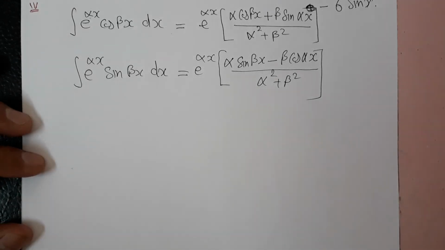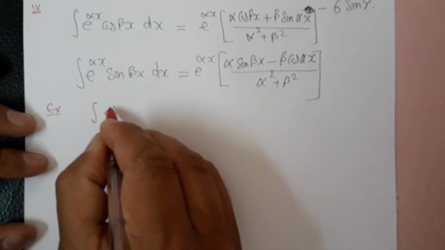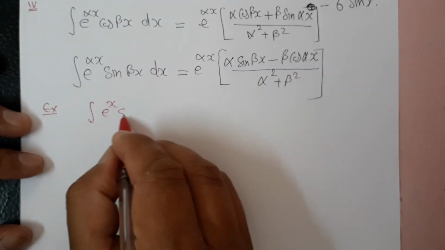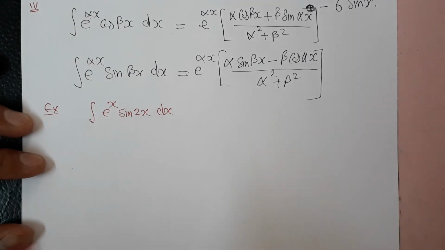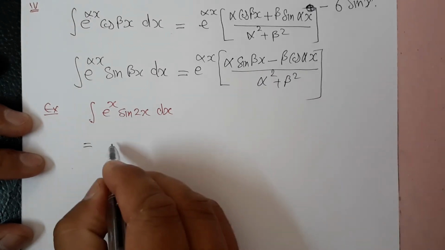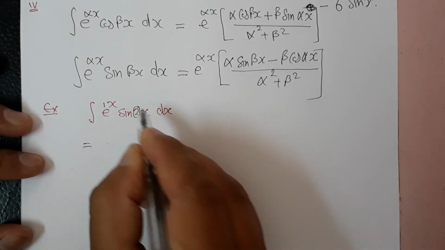Okay, let's take an example on this. Integrate e raised to the power x sine of 2x dx. Here the coefficient of x is 1, and here the coefficient is 2.